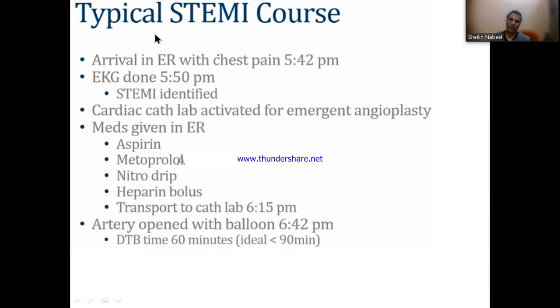and this is a typical case for a STEMI: the patient will arrive at the ER with chest pain. You will do the EKG, and the EKG shows ST elevations, so you need to be in a hurry. You prepare the cath lab, and you give the patient aspirin, metoprolol, and nitro drip.